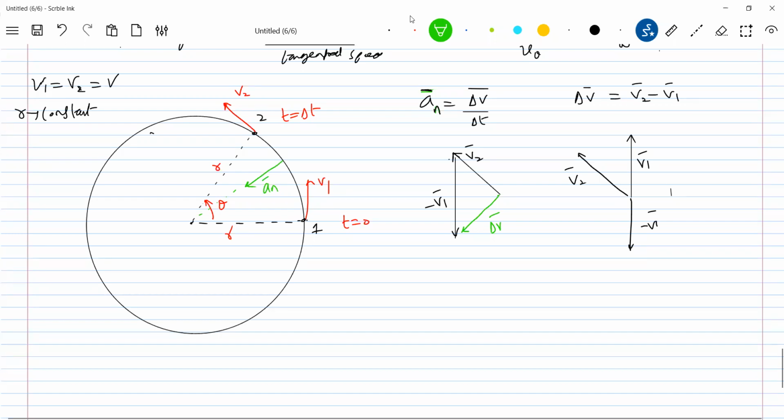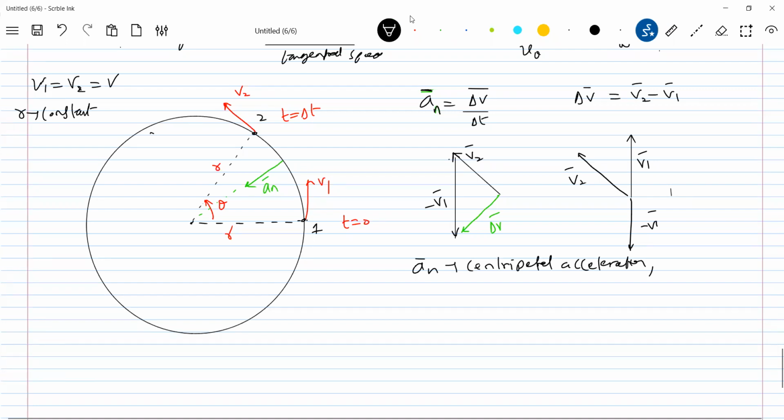So what is this AN? Centripetal acceleration, and how will it be directed? It will always be directed towards the center, normal to the tangential velocity. So why should AN be towards the center? This particular AN, rather than radial acceleration, I'll call centripetal acceleration.